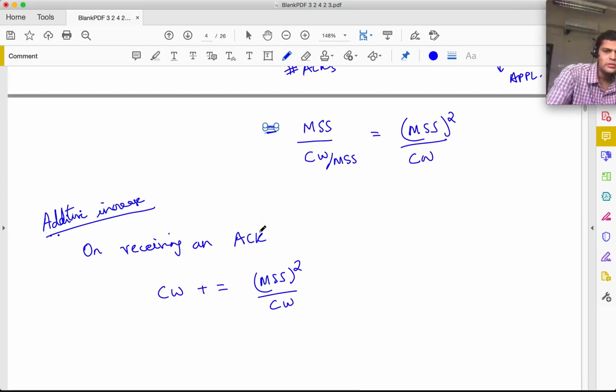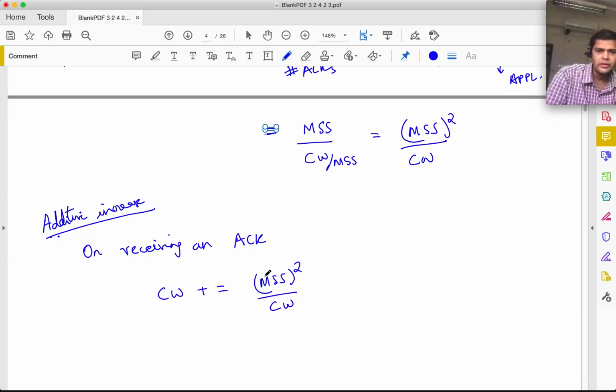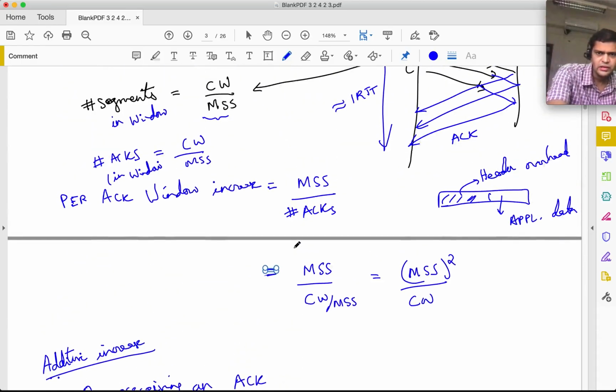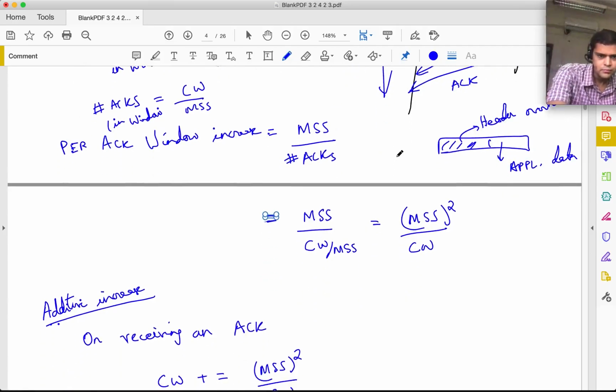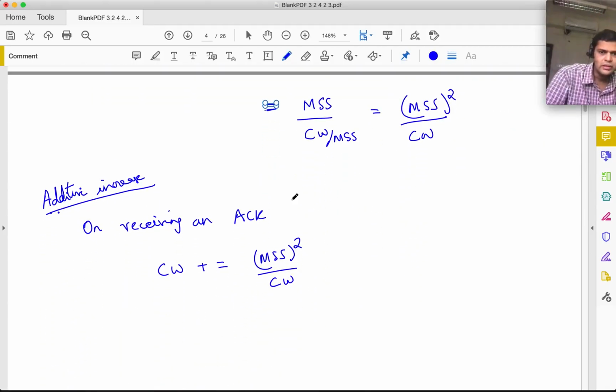So the congestion window is not constant. Every time you get an ACK, it increases by a little bit, and roughly we end up increasing the congestion window by 1 every round trip. So we are assuming that there is no congestion when we are doing this.